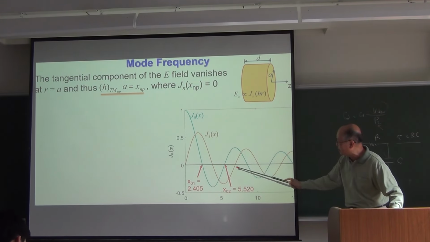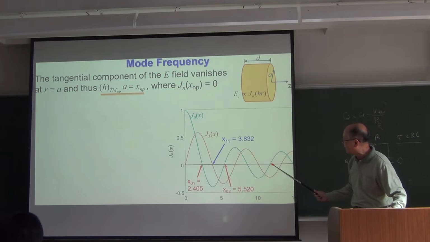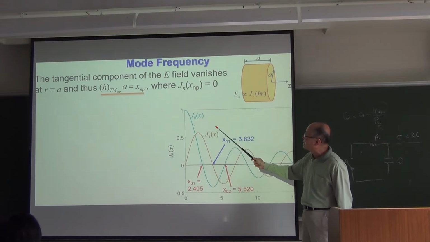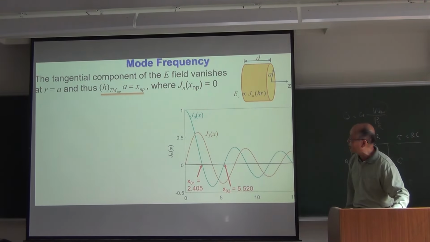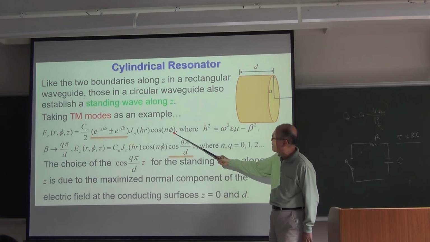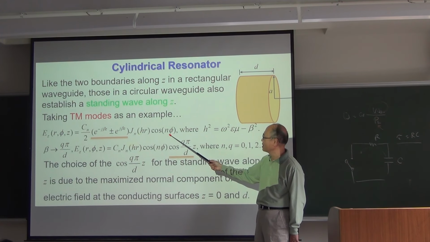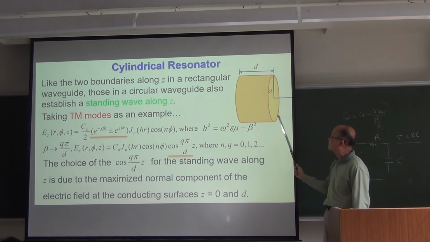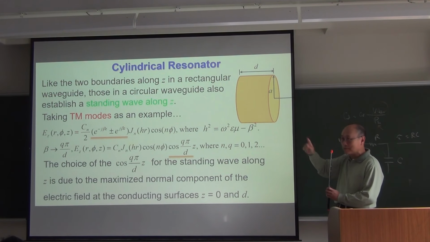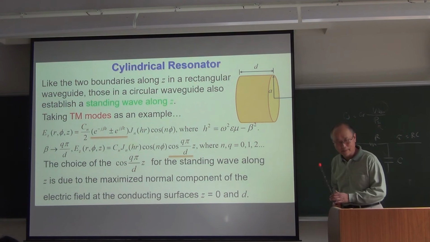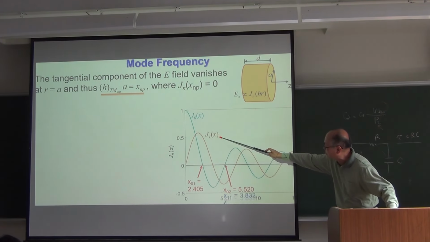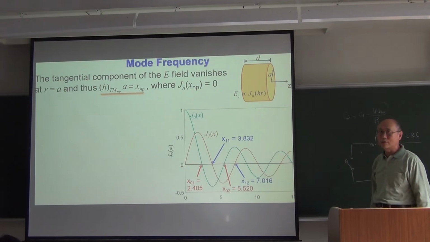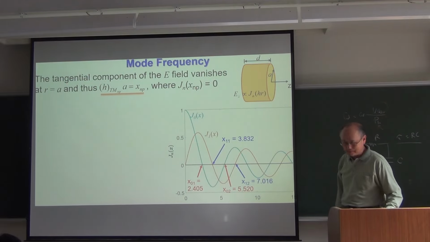And the second value is here, and the third value is here, fourth value here. But if you have n dependence, that is starting from 1, n comes from this angle dependence. This n can be 0, can be 1, can be 2, can be 3. That accounts for the standing wave of the wave along phi direction. So when you put n equal to 1, then you'll be looking into this J1 function. So you also look for the zero crossing to set the boundary conditions.